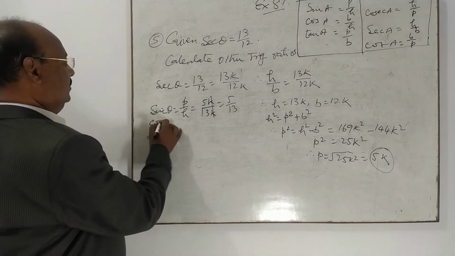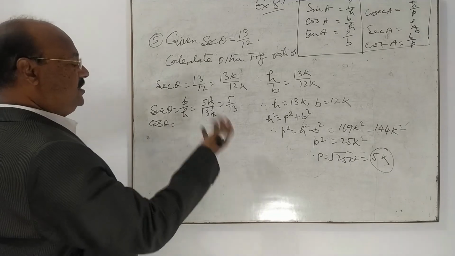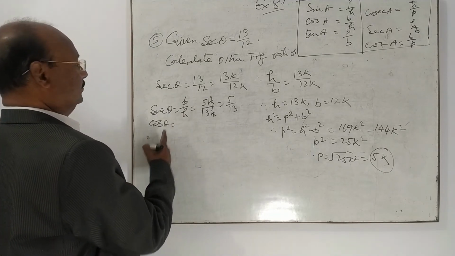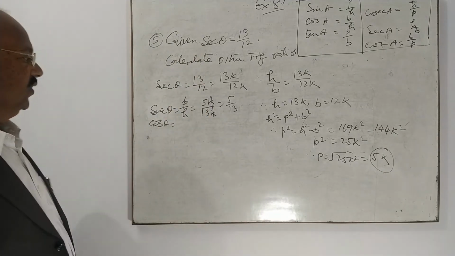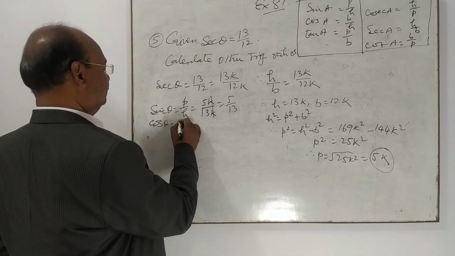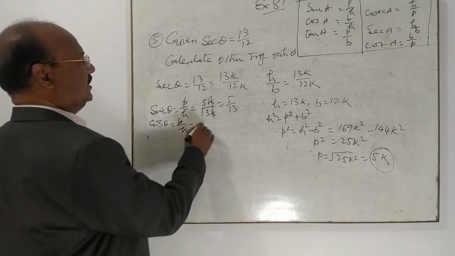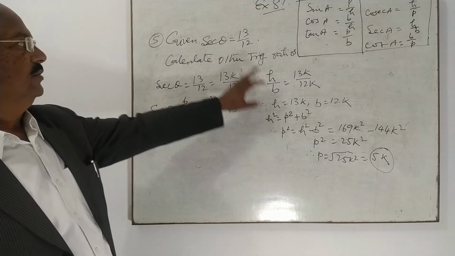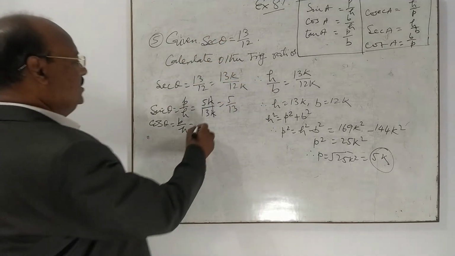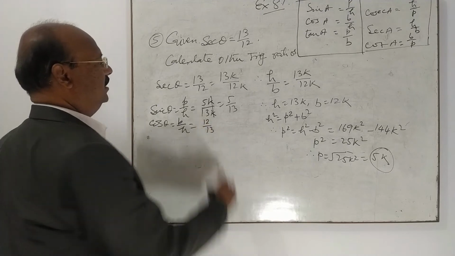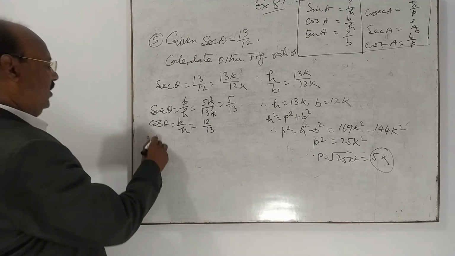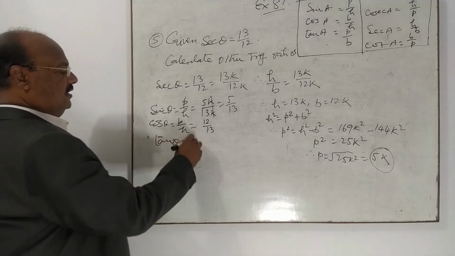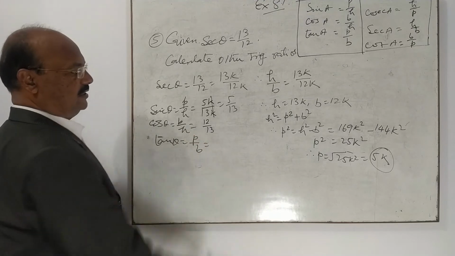And cos theta, you know, is just the reciprocal of sec theta. Cos theta is b by h and sec theta is h by b, so just the reciprocal. So this is 12 by 13. Similarly, tan theta is perpendicular by base.